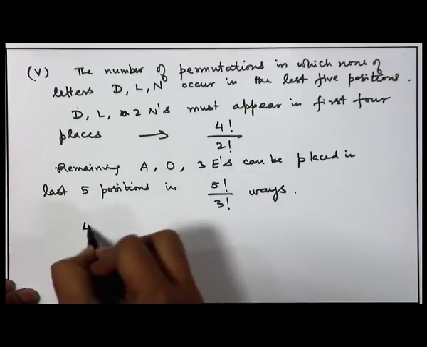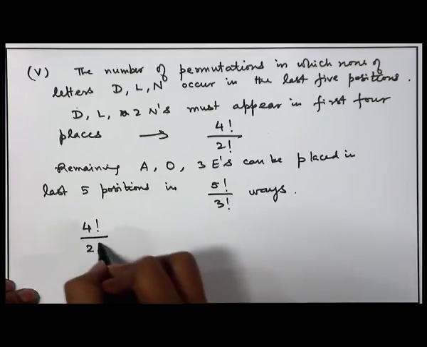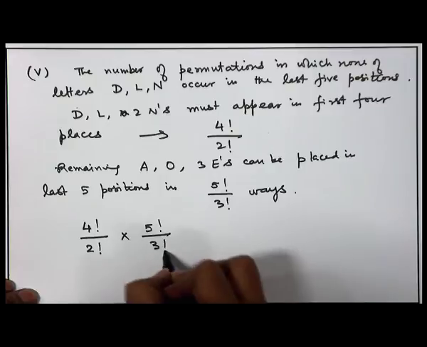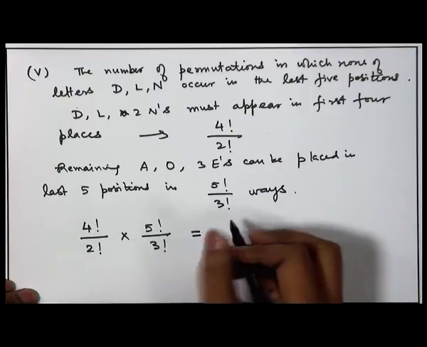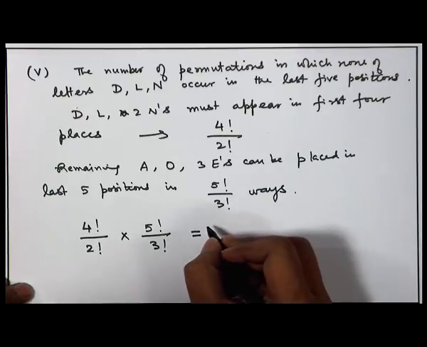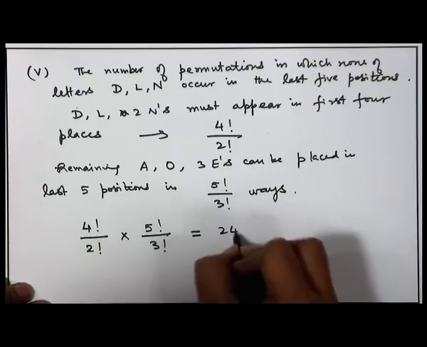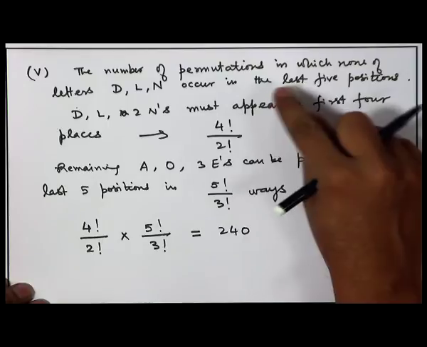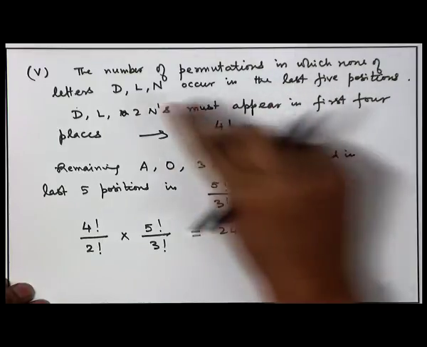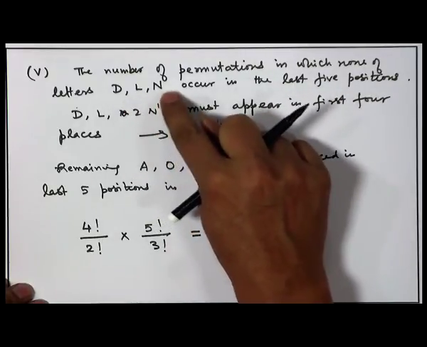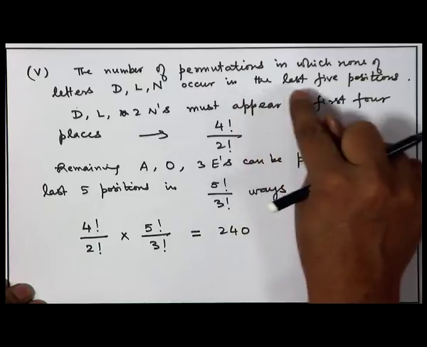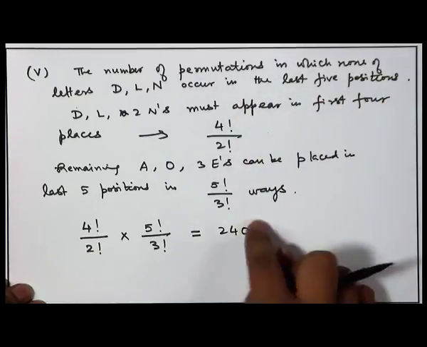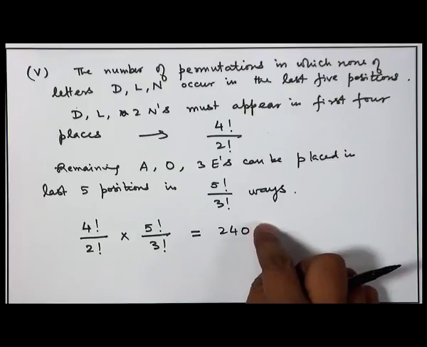So, the total number again becomes 4 factorial divided by 2 factorial into 5 factorial divided by 3 factorial, that is equal to 240. So, the number of permutations of the letters of the given word in which D, L and the 2 N's occur in the first 4 positions and the remaining occur in the last 5 positions is again 240.